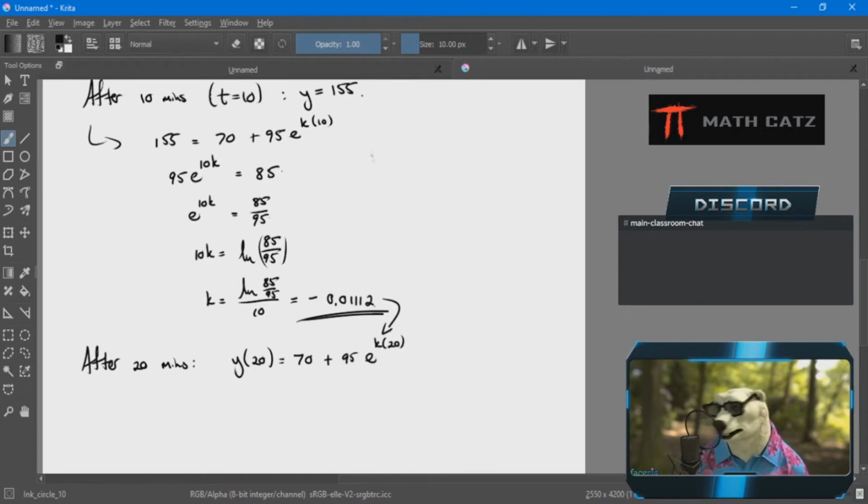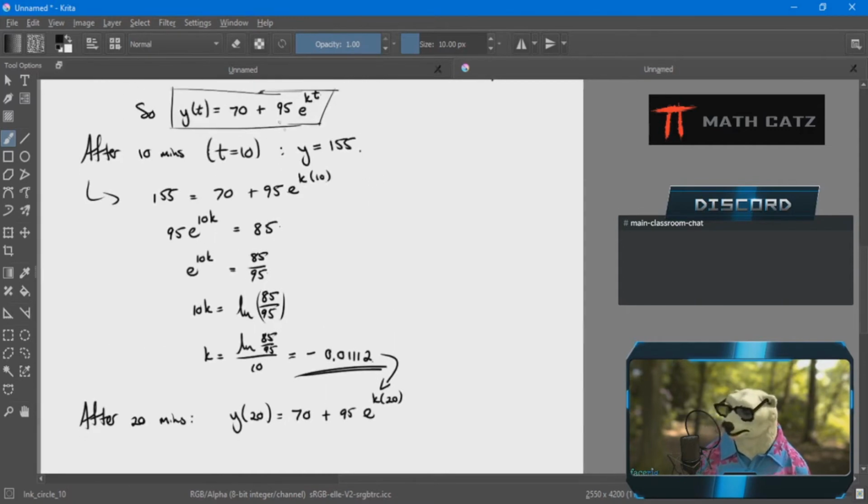Though I do understand that the situation has a negative exponential portion to it, which means again I'm going to have the situation over time where here is my 70, my room temperature.